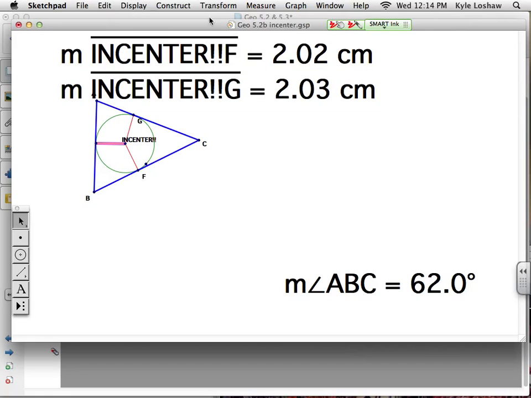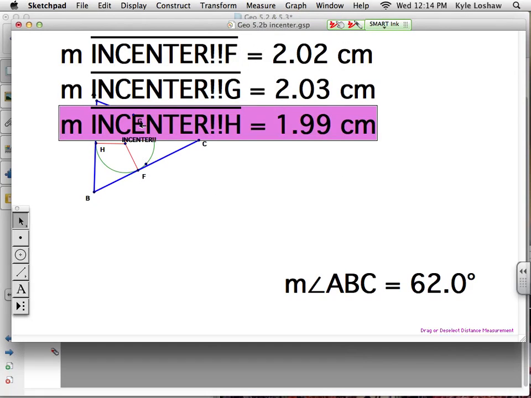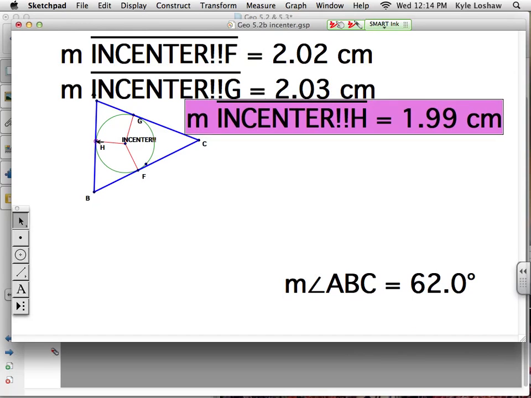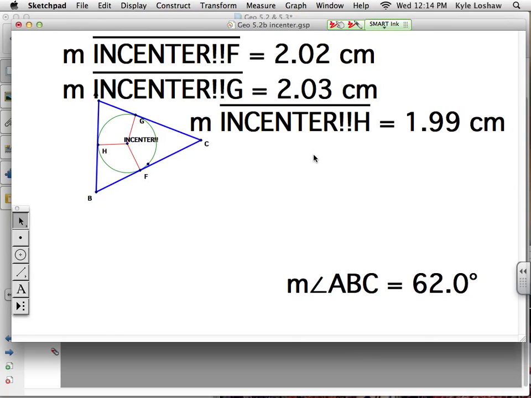And I am going to measure this segment. Oh, and I got a little bit off of that one. But again, I'm just freehanding it right now. They are pretty close. And when we get into it, you're going to see that the distance from the incenter to each side of our triangle is going to be congruent.